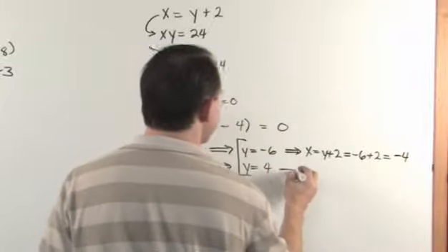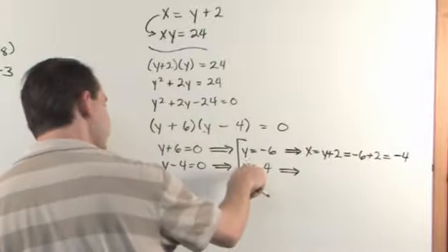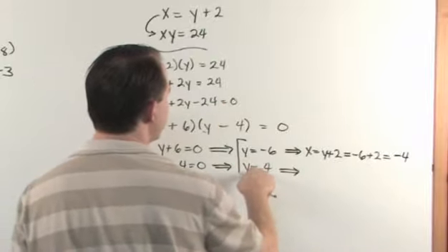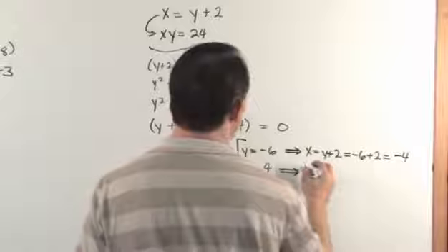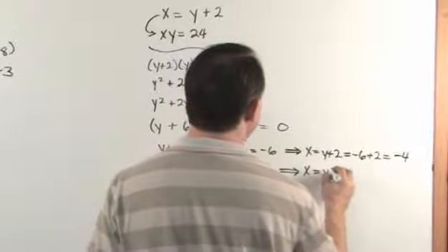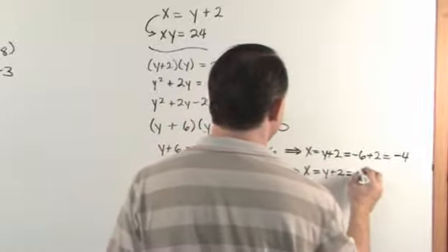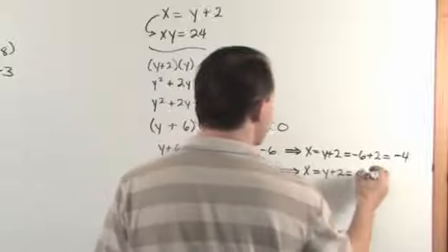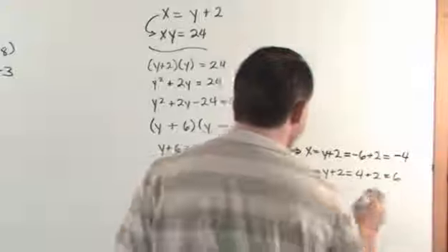And using the separate, equally valid value of y, x would equal y plus 2, which will equal 4, plugging in for y, plus 2, which would equal 6.